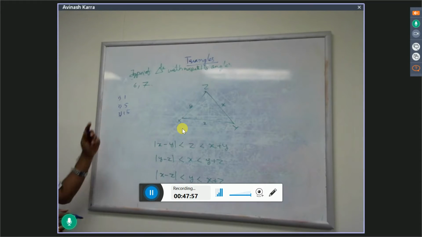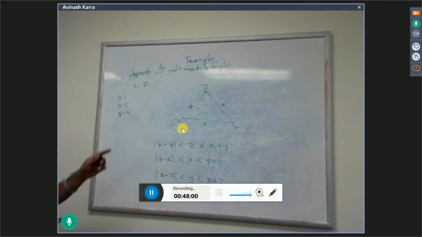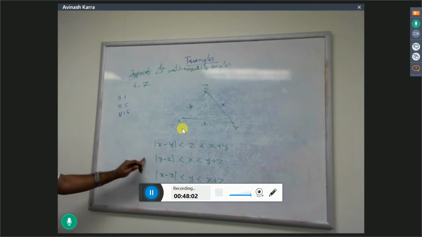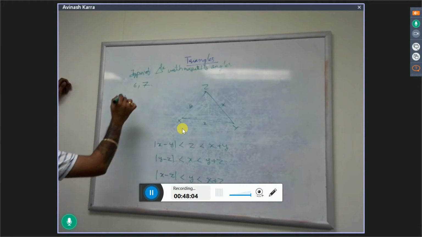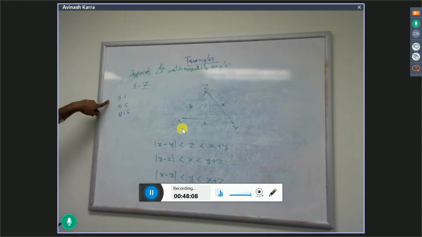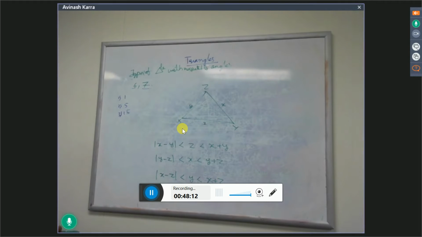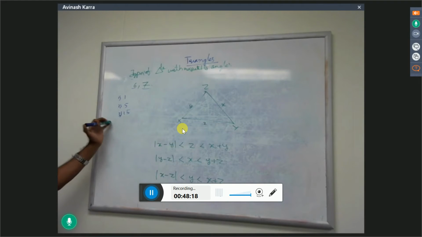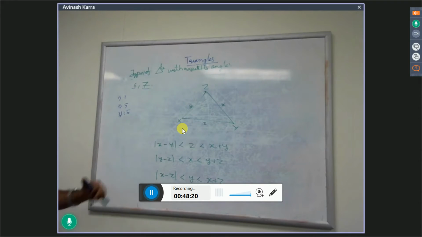So, what will be the answer using this formula? Can you find the answer? One side is 6, one side is 7. What might be the possibility of the third side? Using this formula.